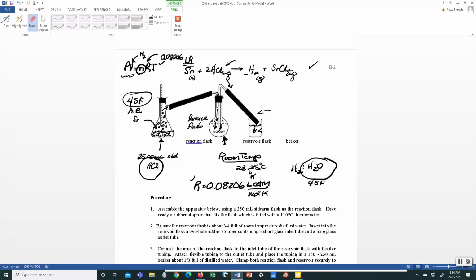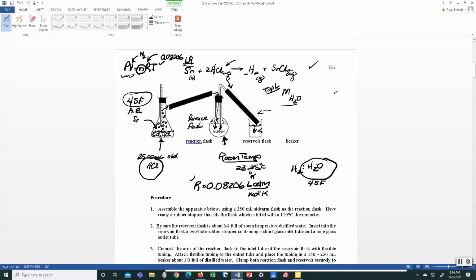Since we want 4 significant figures for the water, what we're going to end up doing is massing the water on a top loader. A top loading balance. That way we will definitely get 4 sig figs. Okay? So we're massing it on the top loader.